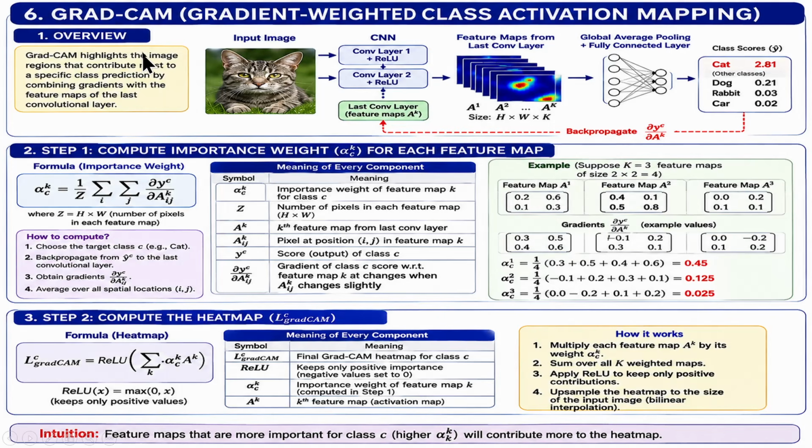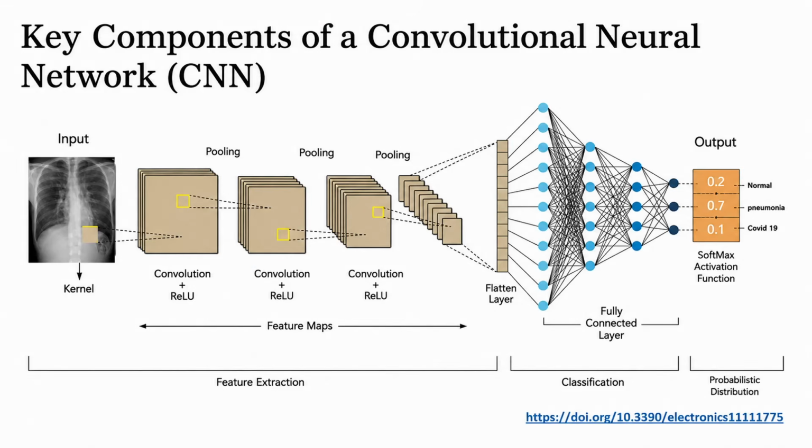GradCam highlights the image regions that contribute most to a specific class prediction by combining gradients with the feature maps of the last convolutional layer. Suppose this is an input image and this is our convolutional neural network. Let us quickly revisit.